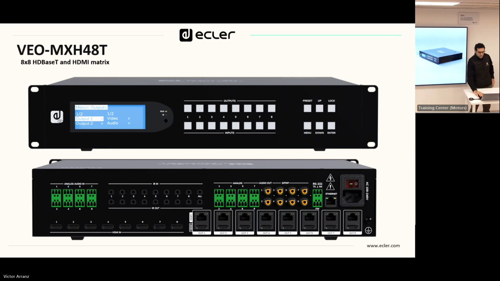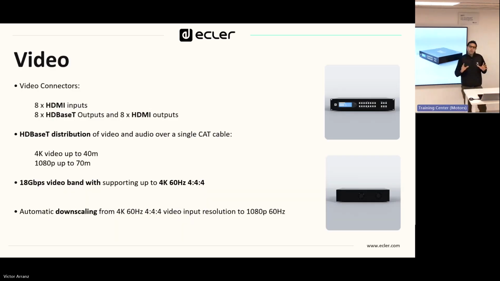Regarding video, 8 HDMI inputs, 8 HDBaseT outputs, and also 8 HDMI mirrored outputs, so you can virtually have a 16:8 matrix, sorry, an 8:16 matrix. But take into account that the HDBaseT and the HDMI outputs are the same video content. You cannot route them independently.